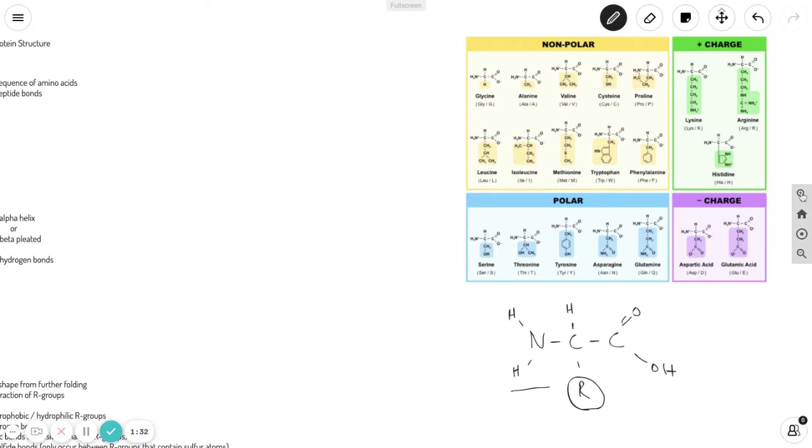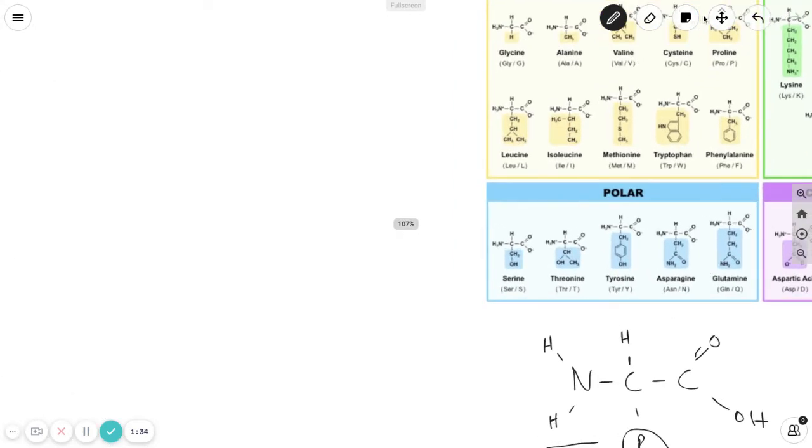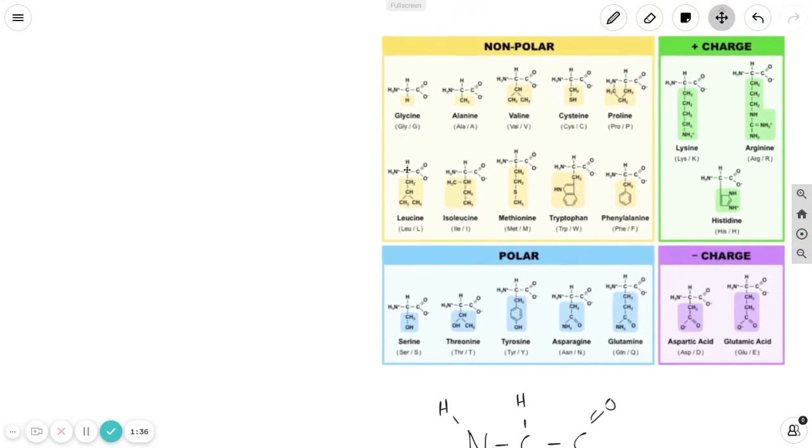Let's make it a bit bigger so we can see a bit better. And then valine has got this CH with CH3, CH3. And then they're starting to get more complex. So like glutamine is a much bigger R group, CH2, CH2, NH2, double bond oxygen. So they're all differences. You've got arginine, massive R group.